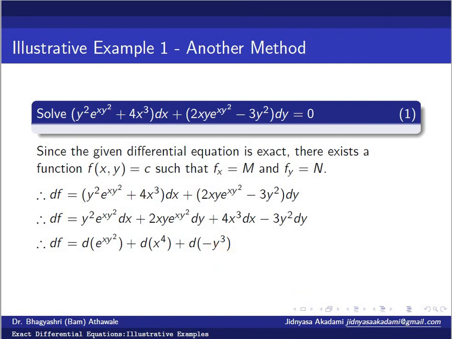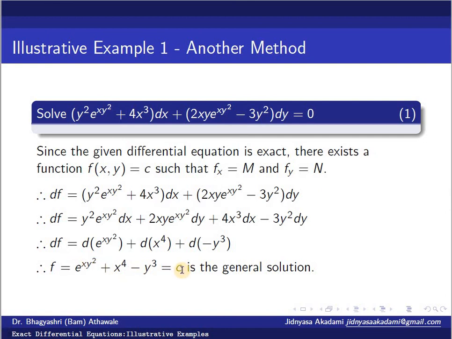And therefore my function f is equal to e raised to xy square plus x raised to 4 minus y cube. Either equate it with c or write f is equal to these terms plus c, whatever it may be. So this is my general solution.